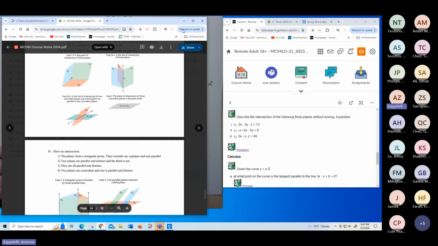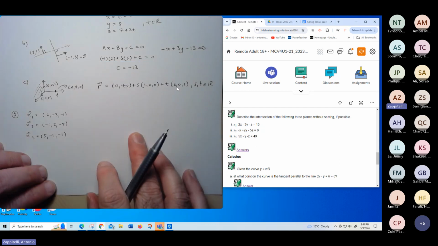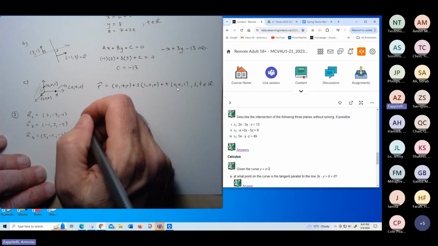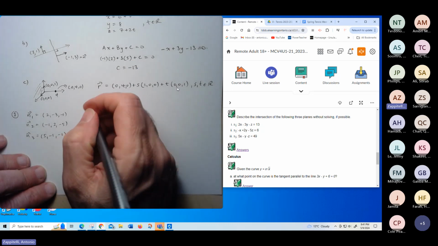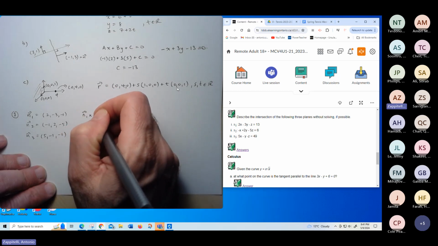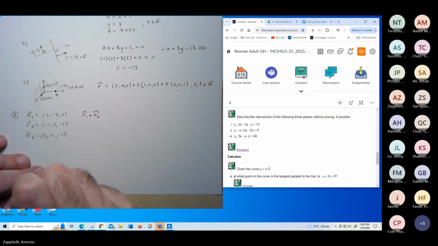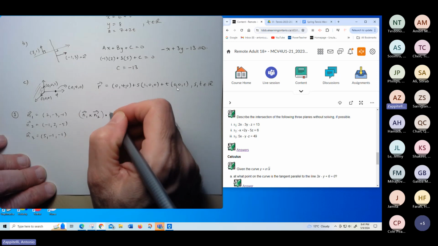So this is where we have to remember how to check whether vectors are coplanar. And you would have seen what's called the scalar triple product: you take the cross product of two of these vectors and then you dot it with the third vector.